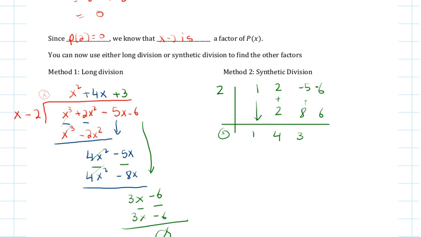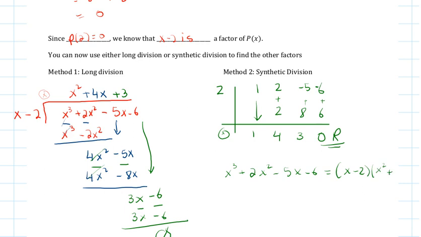That gives me 4. 4 times 2 is 8. Add, that gives me 3. 3 times 2 is 6. Sorry, I have a negative here. Negative 6 plus 6 is 0. A remainder of 0. Perfect.